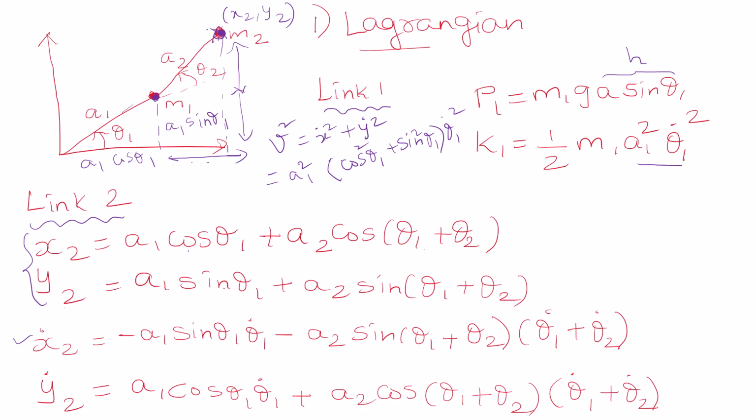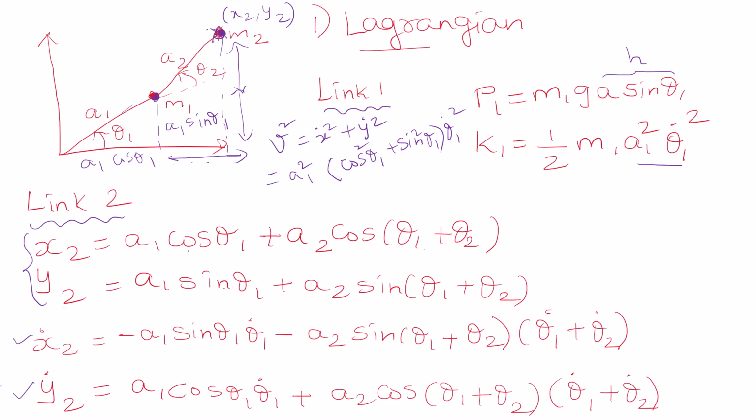So x2 dot is equal to minus a1 sine theta 1 times theta 1 dot, minus a2 sine (theta 1 plus theta 2) into (theta 1 dot plus theta 2 dot). Similarly y2 dot is a1 cos theta 1 theta 1 dot plus a2 cos (theta 1 plus theta 2) into (theta 1 dot plus theta 2 dot).